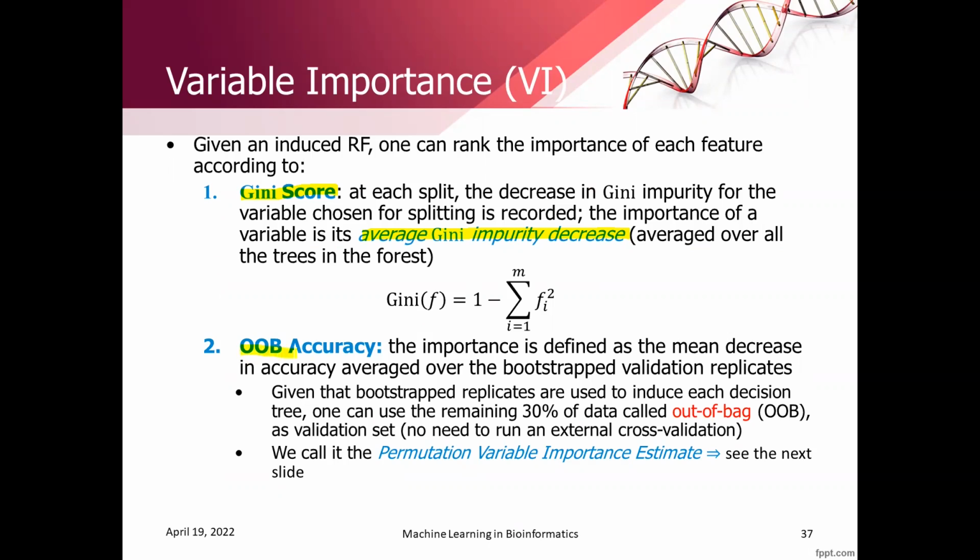For the bootstrapping, we know that if we bootstrap the training set, some substantial part of the training set is not selected, around 30%. So these samples are called out of bag, and we can compute the accuracy of the resulting decision tree on these out-of-bag samples.